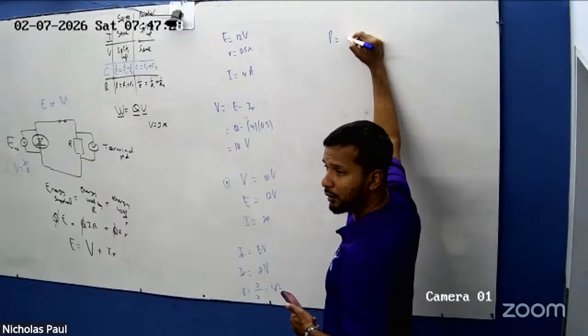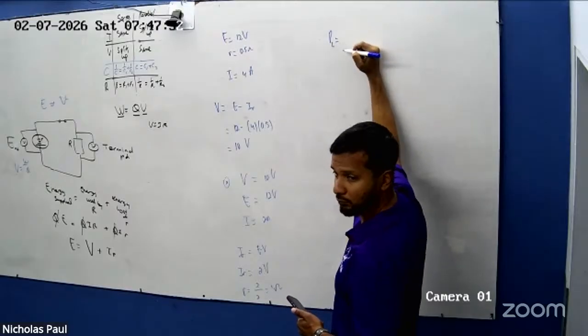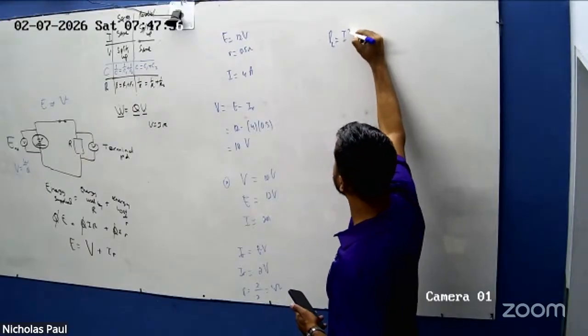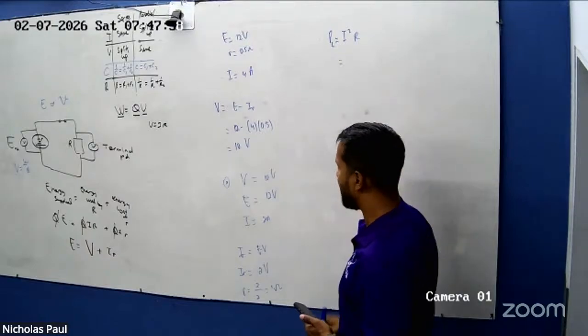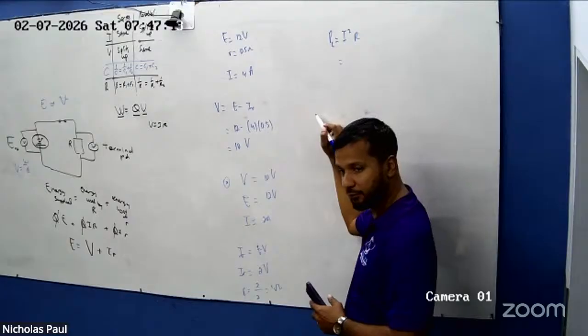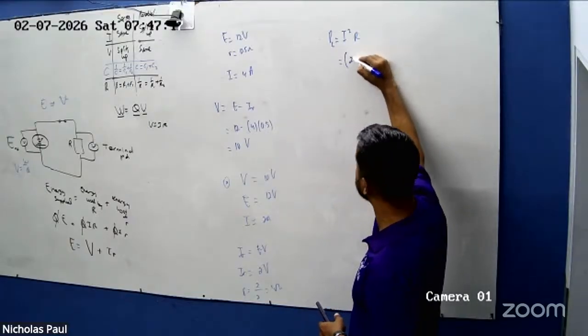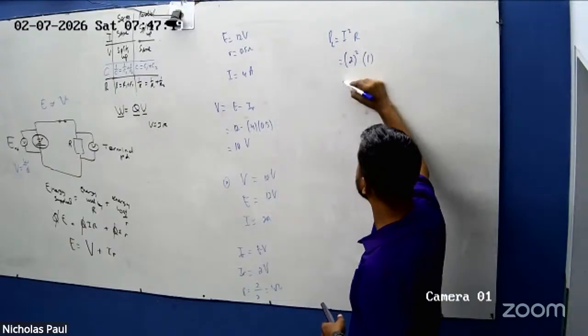P is equal to what? I squared R. Very good. That's how you find power loss. We know I is 2 and R is 1, so I got 4.